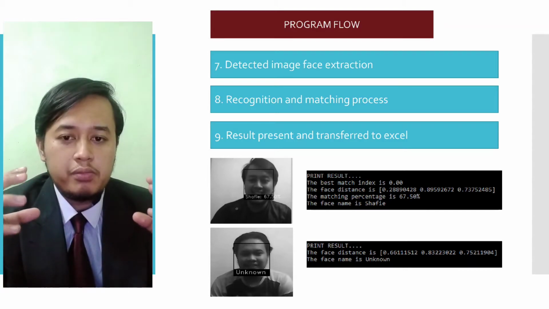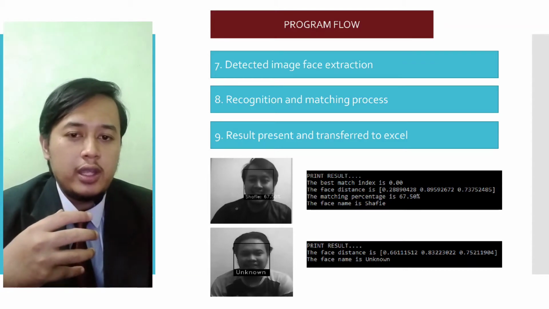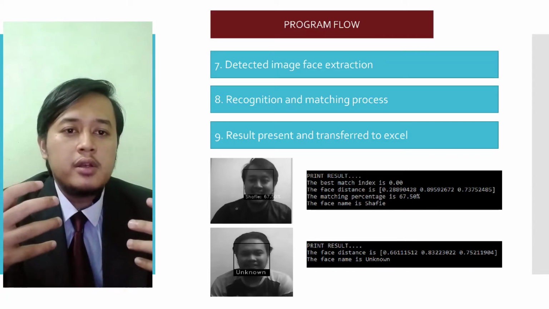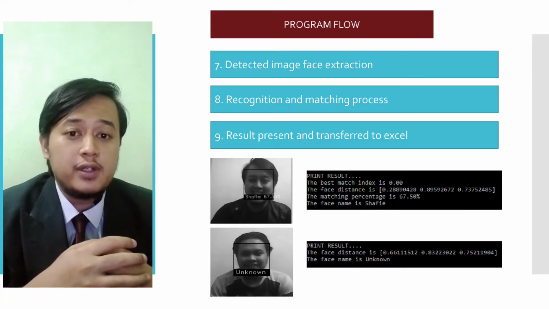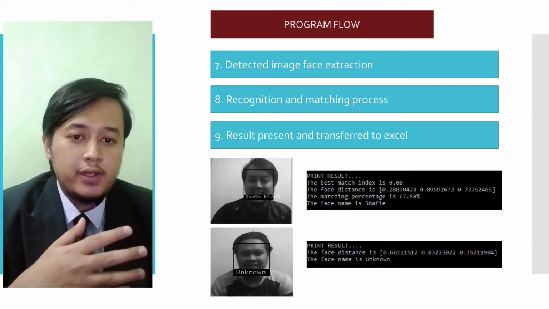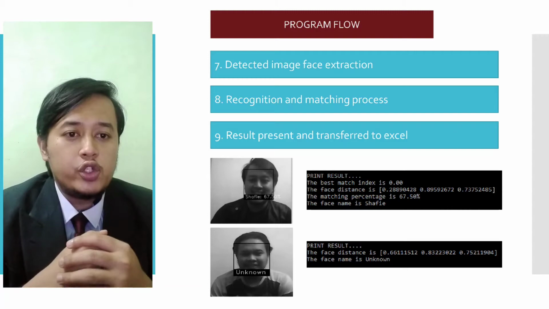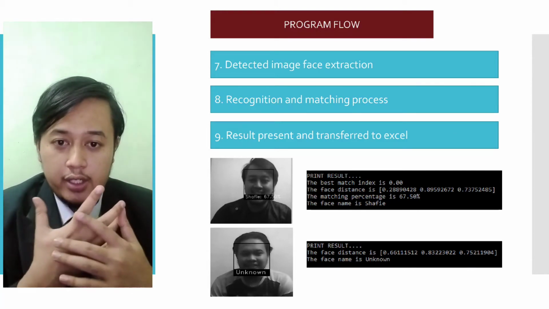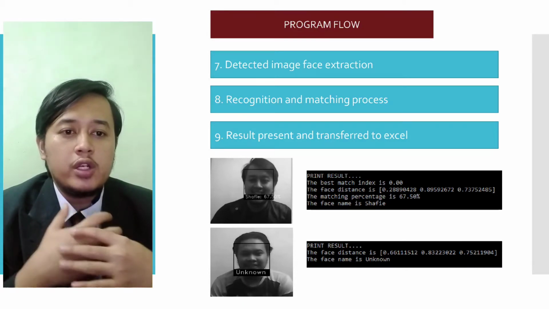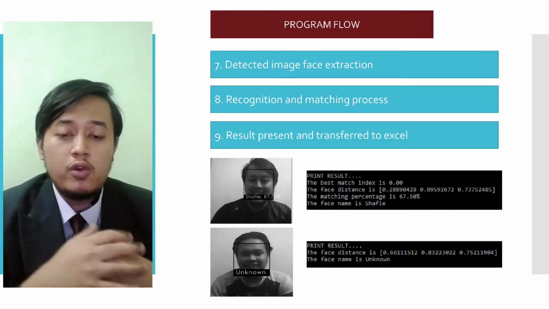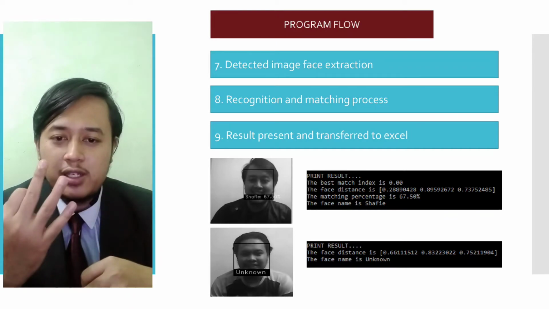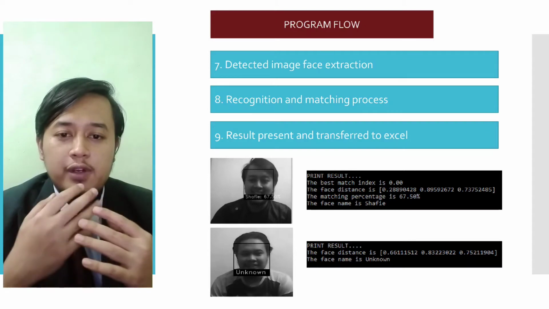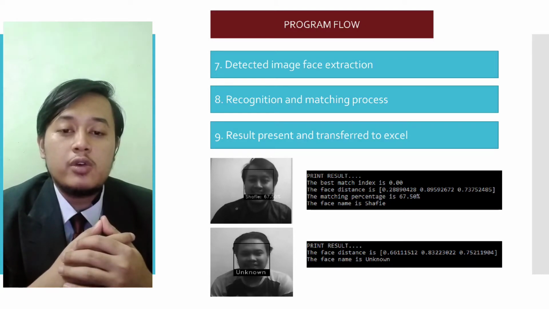The face encoding of the detected face will be matched with the master images, and then the result will be presented and transferred to Excel. So for the first example, when the camera detects the defined image, it will show the best image, which is 0.0, from the three defined images.